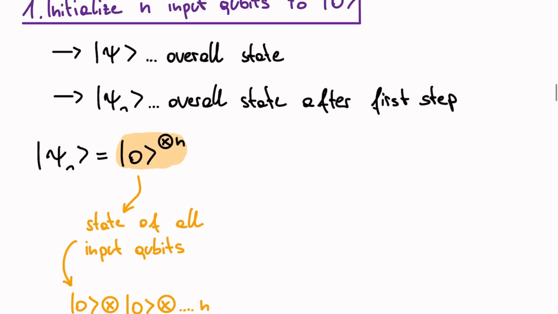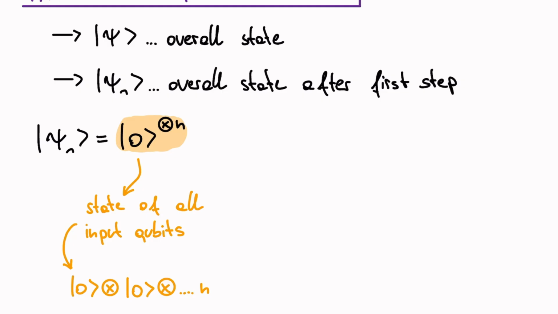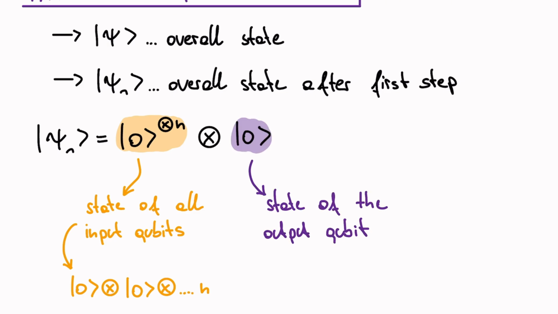In words, |0⟩ tensor product |0⟩ tensor product |0⟩, and so on, one |0⟩ for each of the input qubits. But we also have the output qubit, which is part of the system too. So right now it is also in the state 0. So we add one more tensor product followed by another 0, and this last 0 stands for the output qubit.